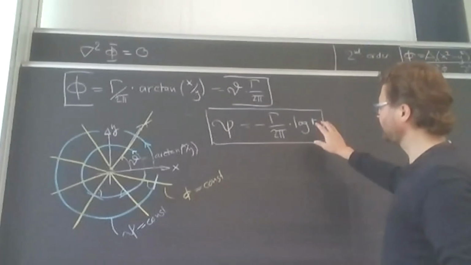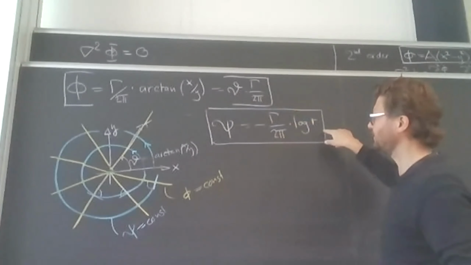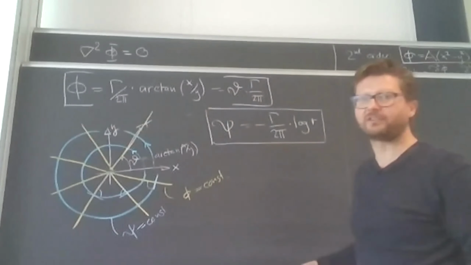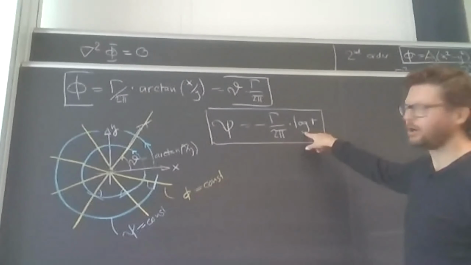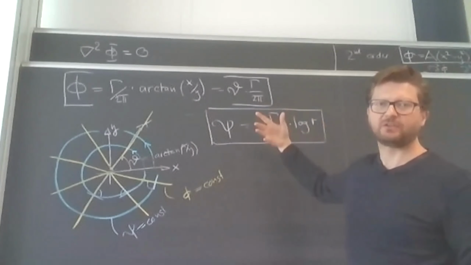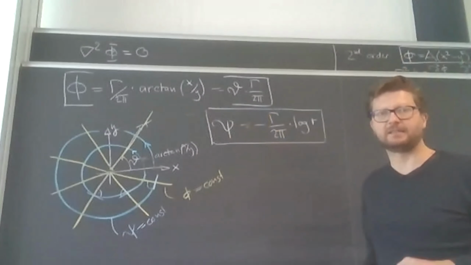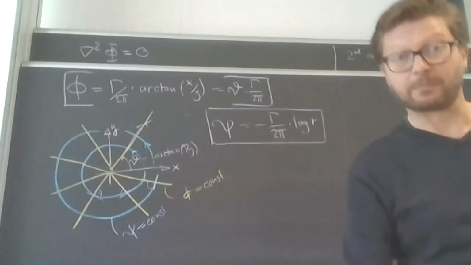And it's very clear to see that whenever r is a constant, this expression is a constant. So lines of r constant, which are circles, are streamlines. Why log r? Well, you need a log r because only with log r does it satisfy the Laplace equation.